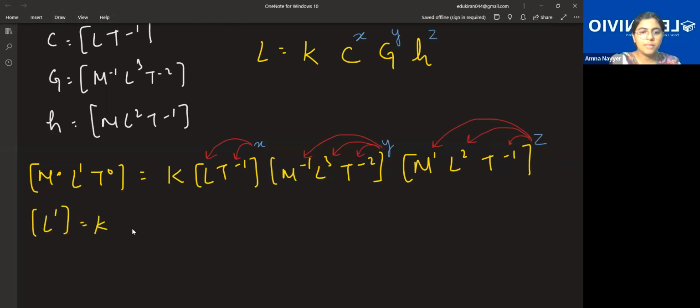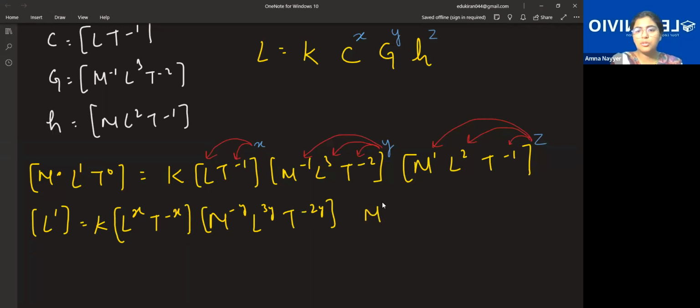But this will become L to the power X, t to the power -x. Then this is m to the power -y, L to the power 3y, t to the power -2y. Then the third one, m to the power z, L to the power 2z, and t to the power -z.